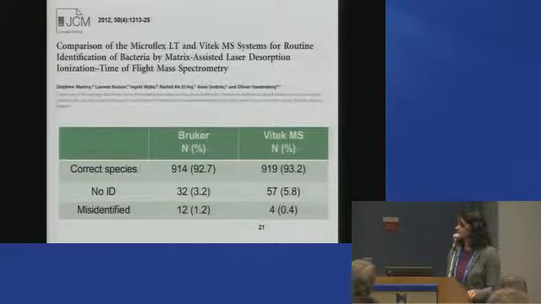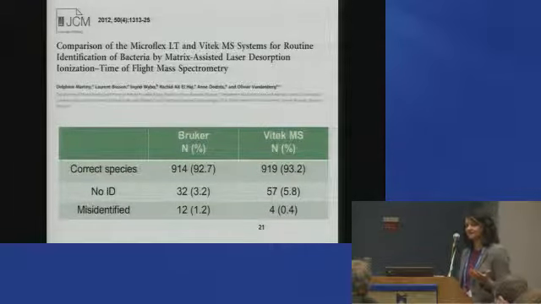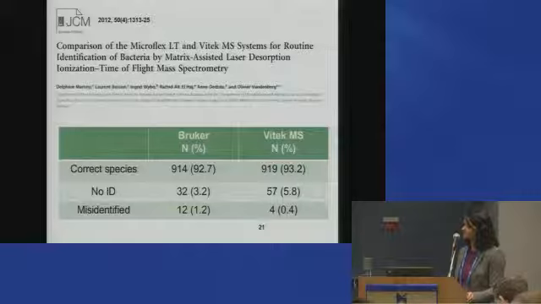So in that situation, the lab needs to know the limitations of each of the systems, what it can identify and what it cannot identify with high confidence, and be able to set up ancillary tests in which to be able to dissect out these organisms. So it's really not difficult to do that because, as you know, we are used to setting up biochemicals in the lab and certain ancillary tests.